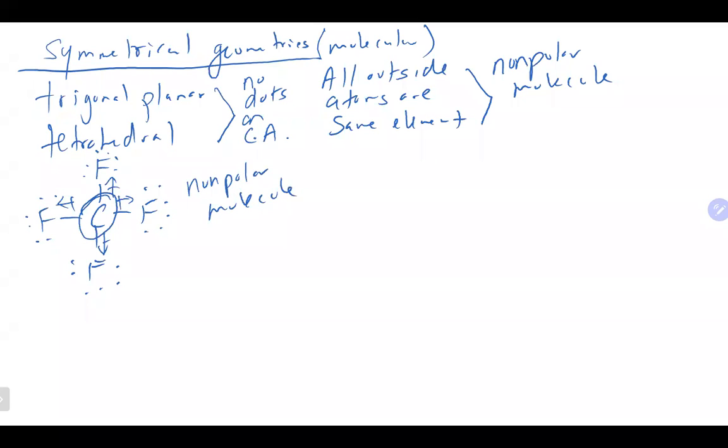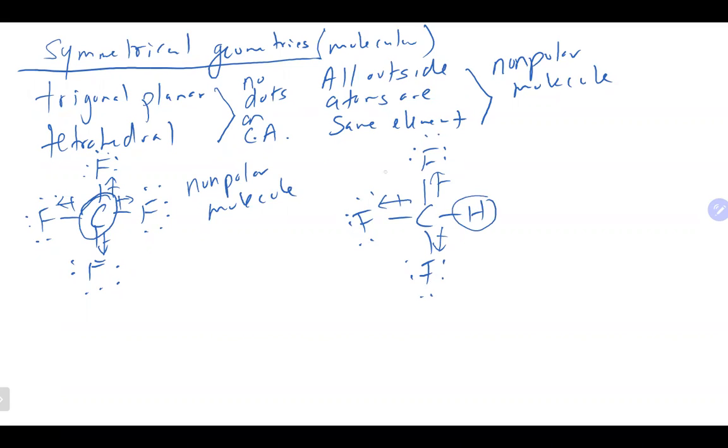Now, what happens if I take the same situation and swap out one of the fluorines for a hydrogen? In this case here, we have the carbons heading towards the fluorine, but in this case, we now have a hydrogen, and a carbon-hydrogen bond is nonpolar.